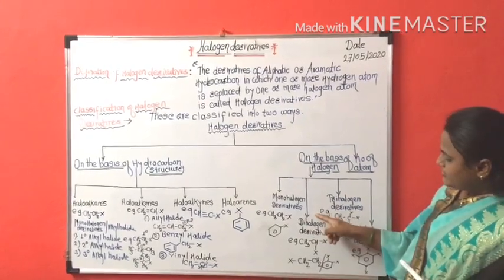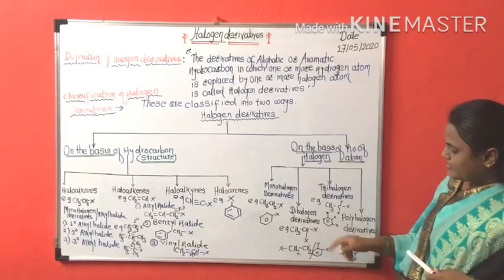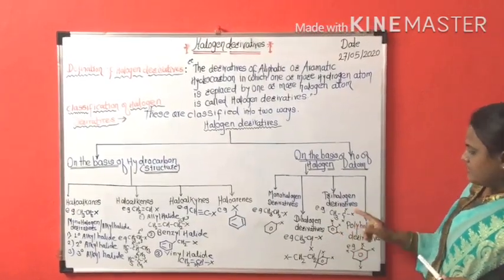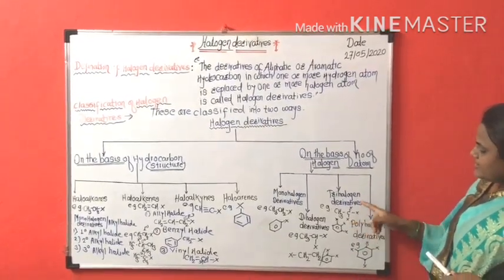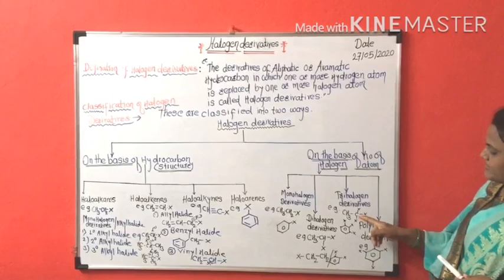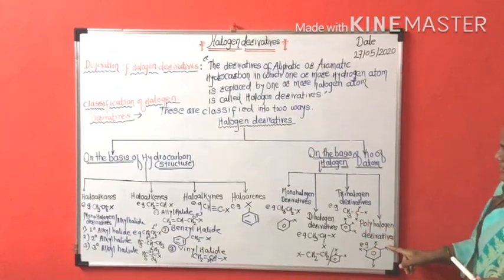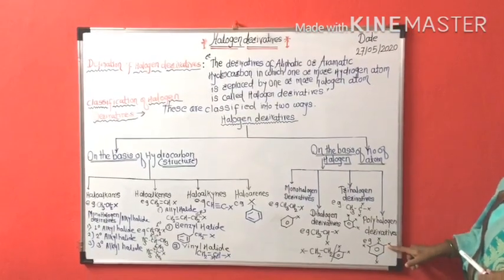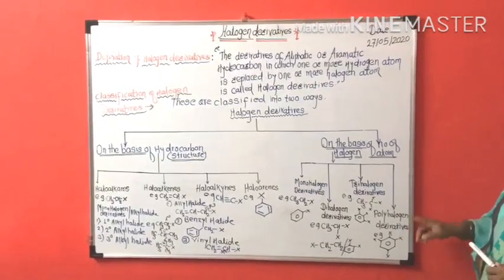In trihalogen derivatives, three hydrogen atoms are replaced by three halogen atoms. And in polyhalogen derivatives, more than three hydrogen atoms are replaced by more than three halogen atoms.